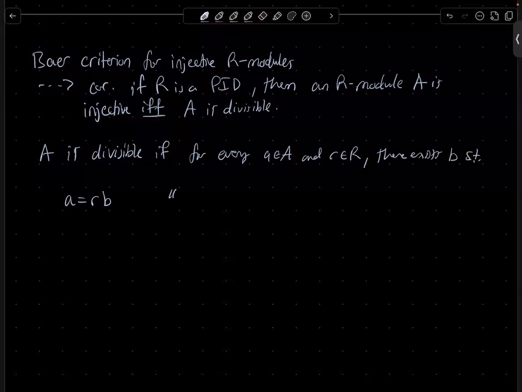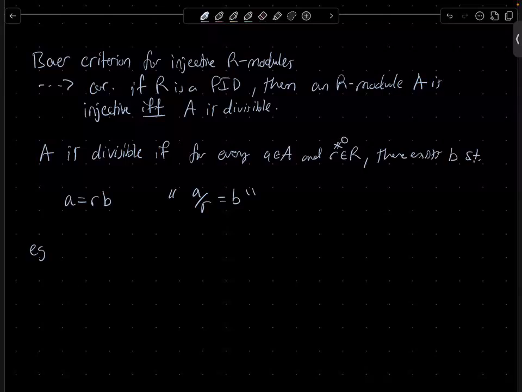In quotes, you should write something like a divided by r equals b. That's why it's called divisible, because you can divide by the scalar r. And we need r to be non-zero.